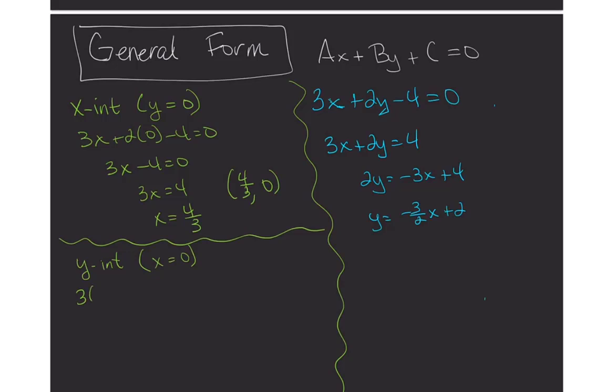So I'd have 3 times 0 plus 2y minus 4 equals 0. 2y minus 4 equals 0. Add 4 to both sides. 2y equals 4. Divide both sides by 2. y is going to equal 2. So for my y-intercept, my x was 0, and my y was 2. So then I can plot those 2 points, and it'll be the same line.